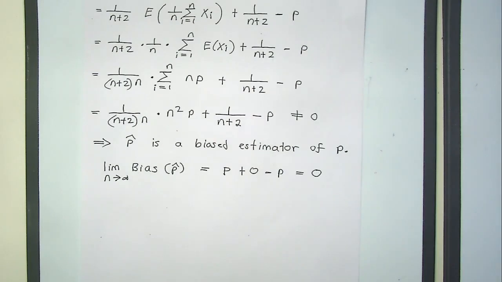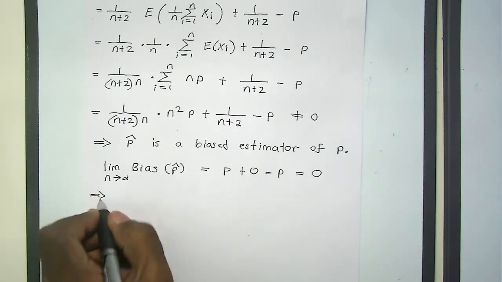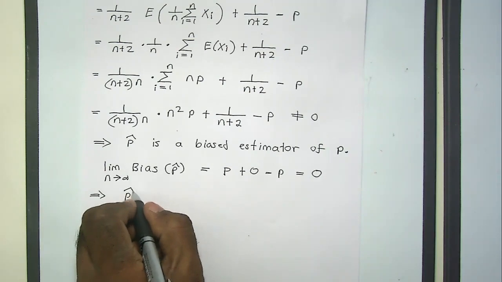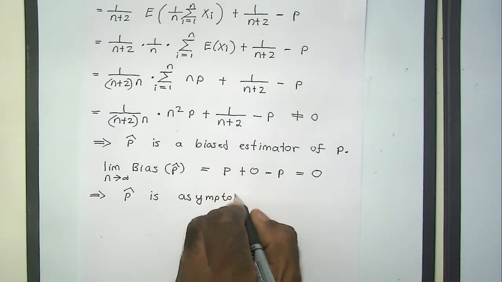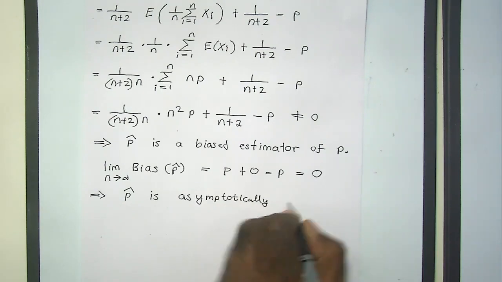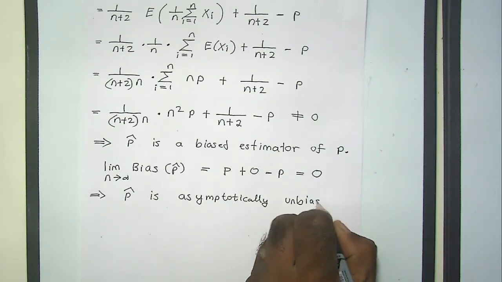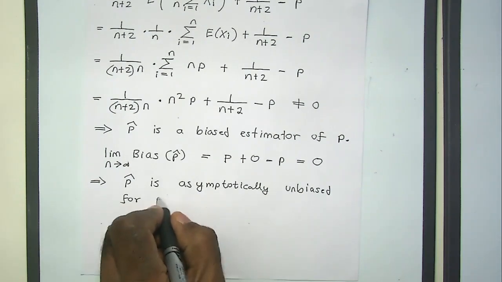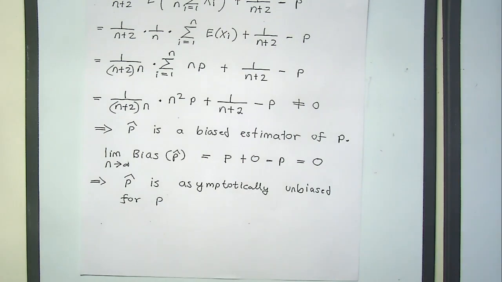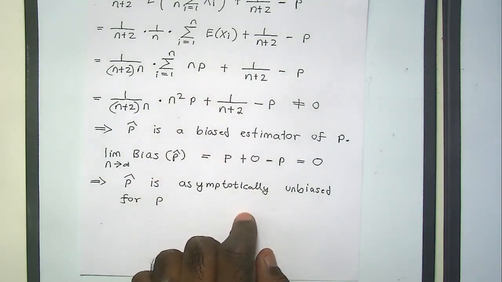So the limit of the bias is 0, hence you can also say that P hat is asymptotically unbiased for P. Remember, the definition of asymptotic unbiasedness is that the limit of the bias is 0 as n approaches infinity, which is the case here. Are you okay, guys?